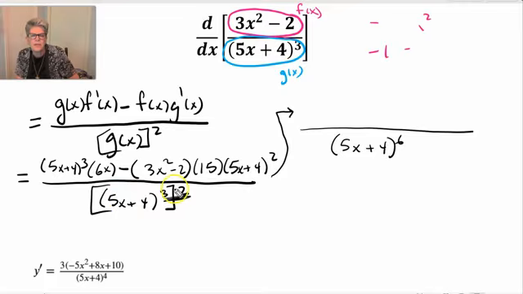All right, now, what do the two terms in this difference have in common? Well, they have at most in common a (5x plus 4) squared. So I'm going to take that out.